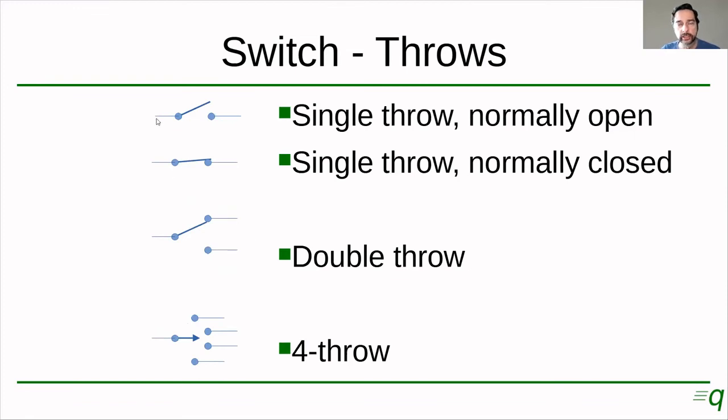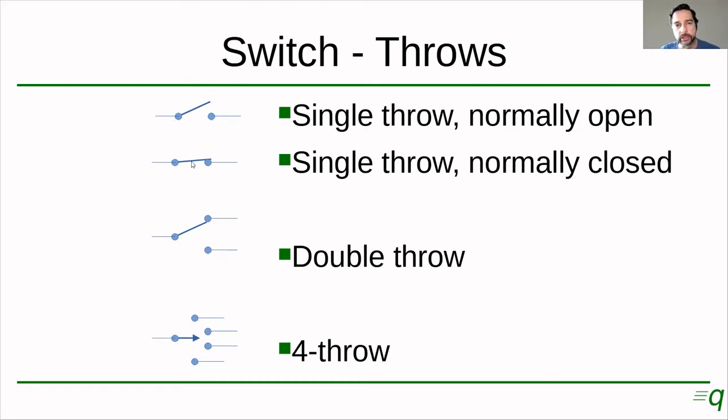This is to illustrate the different numbers of throws. This is something that we call a single throw normally open. So this means that this is normally open, right? In the case of a push button, this is normally open. When you push it, it closes.